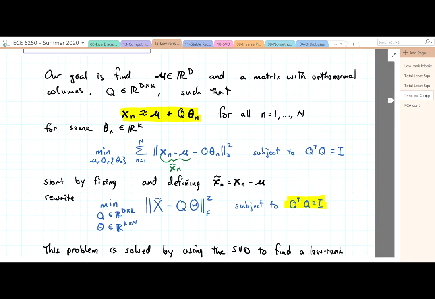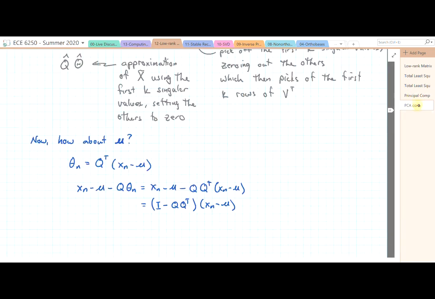Now, it's important to remember that our Q transpose Q is equal to the identity matrix, but Q Q transpose is not.